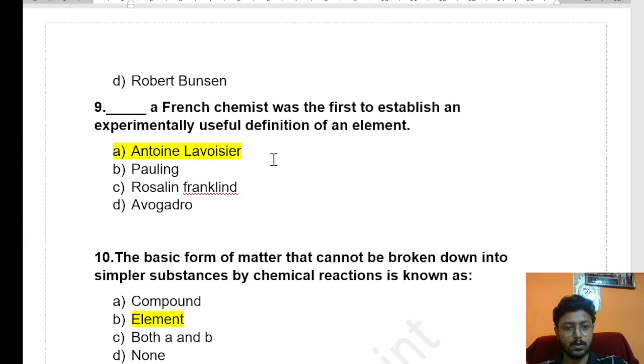Now move to question number 9. Dash, a French chemist, was the first to establish an experimentally useful definition of an element. So the right answer is A, Antoine Lavoisier.